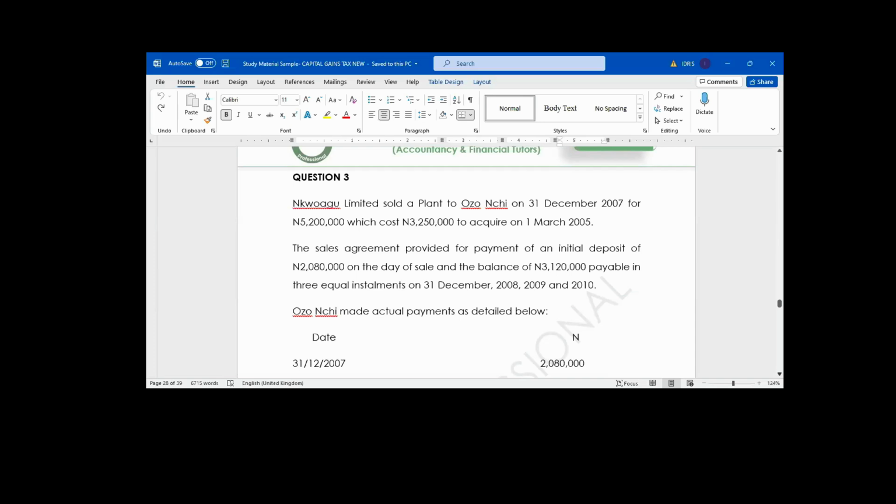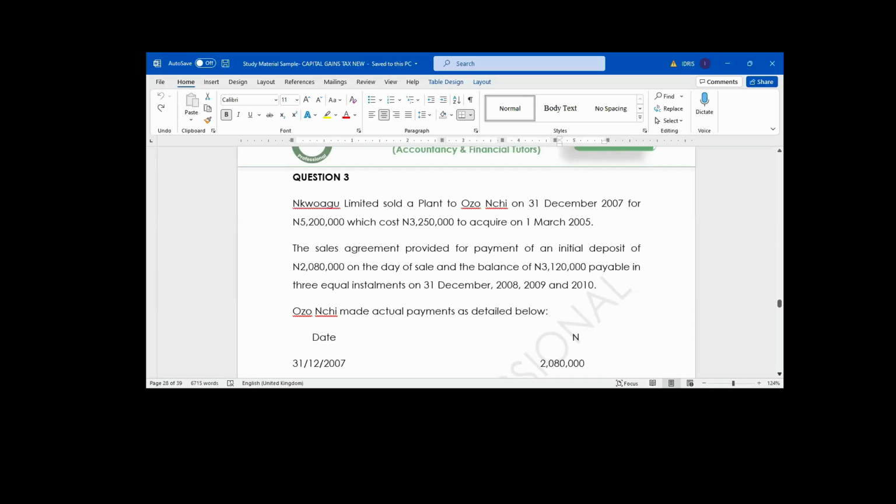Nkwagu Limited sold a plant to Ozonchi on 31st December 2007 for 5.2 million, which cost 3.25 million to acquire on 1st March 2005. The sales agreement provided for payment of an initial deposit of 2.08 million on the day of sale and the balance of 3.12 million payable in 3 equal installments on 31st December 2008, 2009, and 2010.